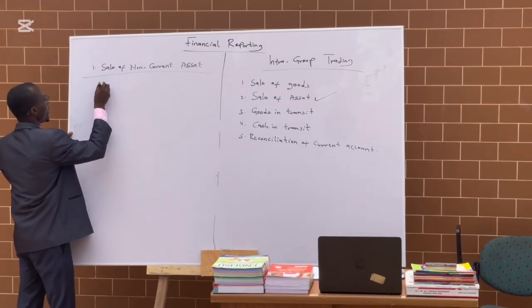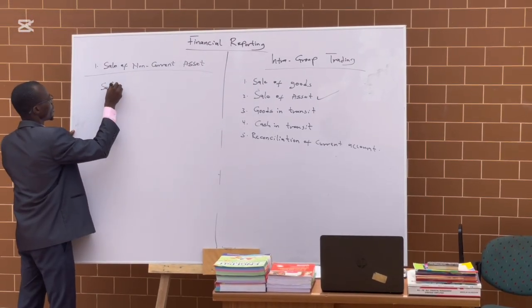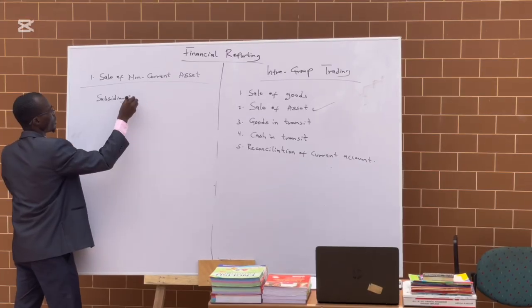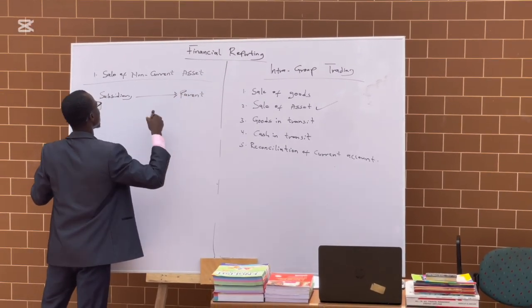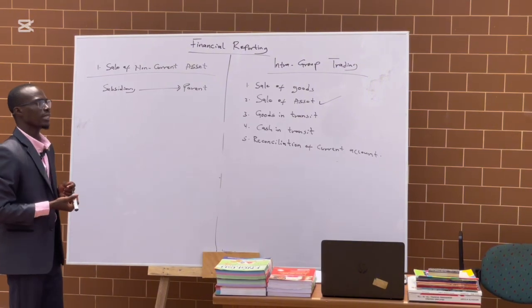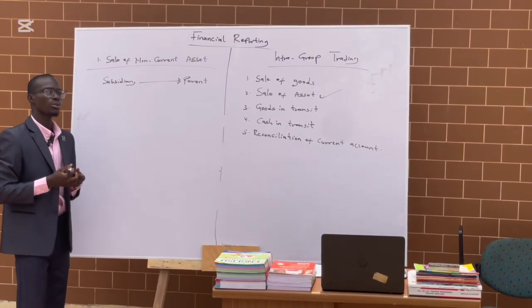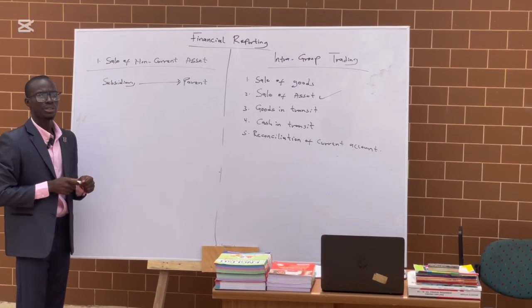The subsidiary can sell to the parent any non-current asset, or the parent also can sell to the subsidiary.